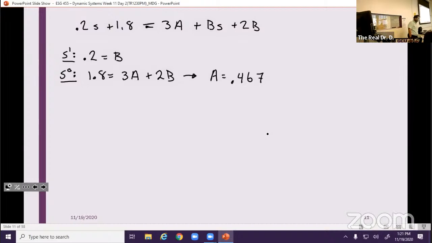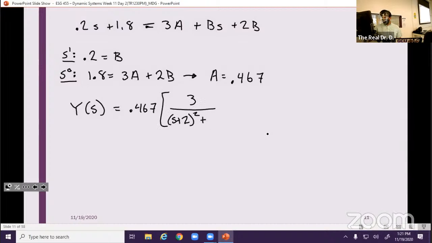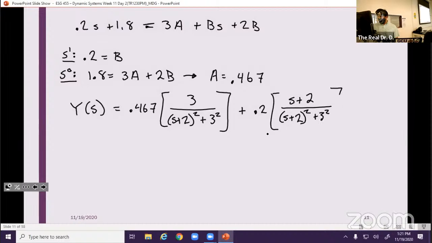So Y of s is equal to A, which is 0.467, times 3 over (s plus 2) squared plus 3 squared, plus 0.2 times (s plus 2) over (s plus 2) squared plus 3 squared.